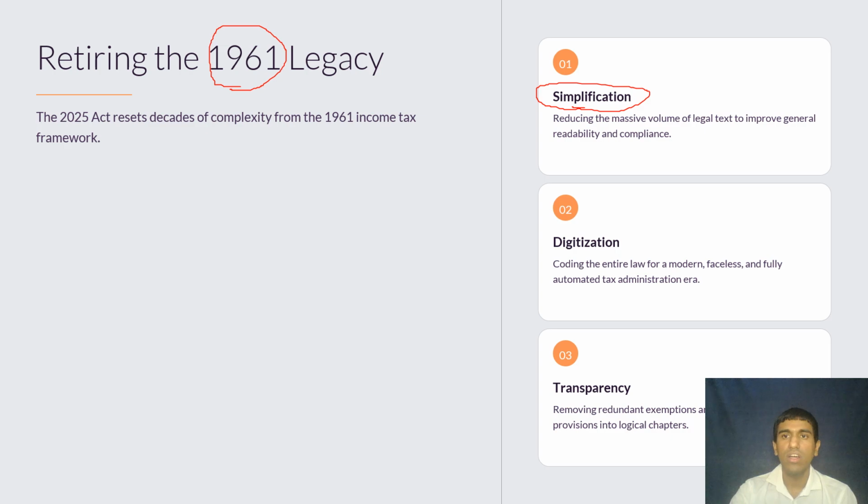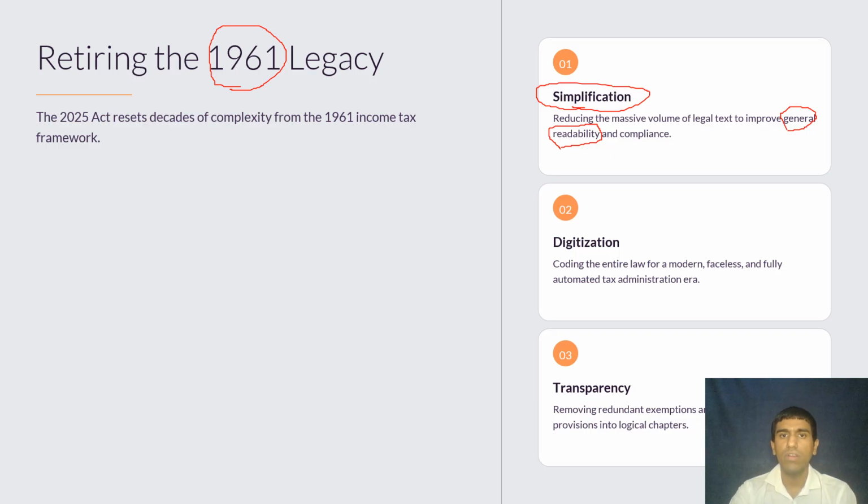That way, it would improve the general readability of the act, meaning almost anybody, not just lawyers and other people associated with that, but even the general public could better read and understand the income tax law and would be able to comply with it better.